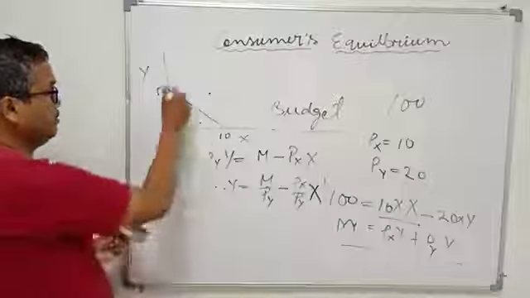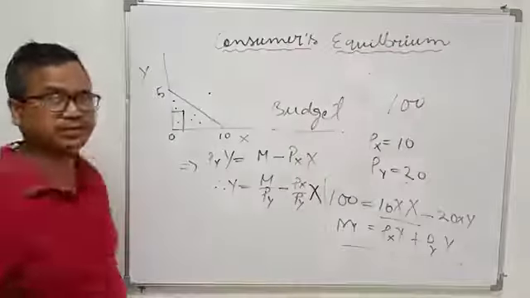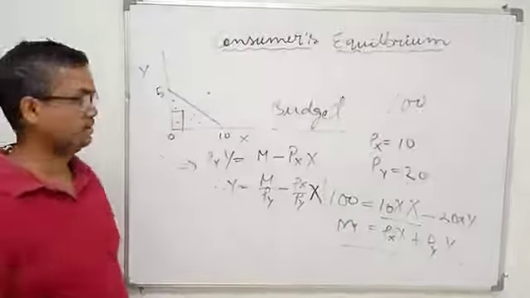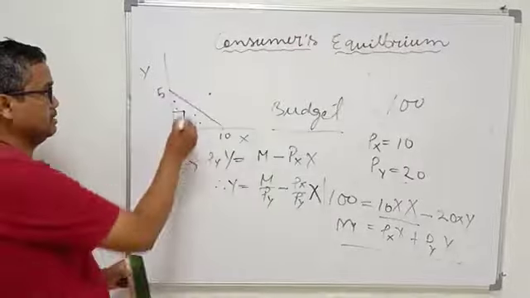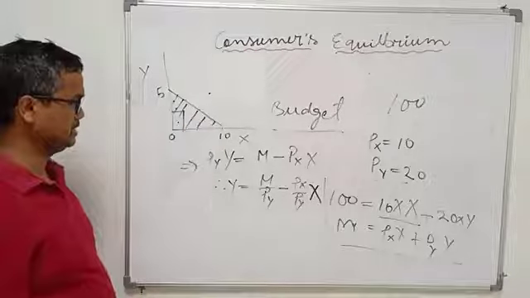On the budget line, your expenditure will become exactly 100: whatever money you have, you spend it all. This area together is known as the budget space.